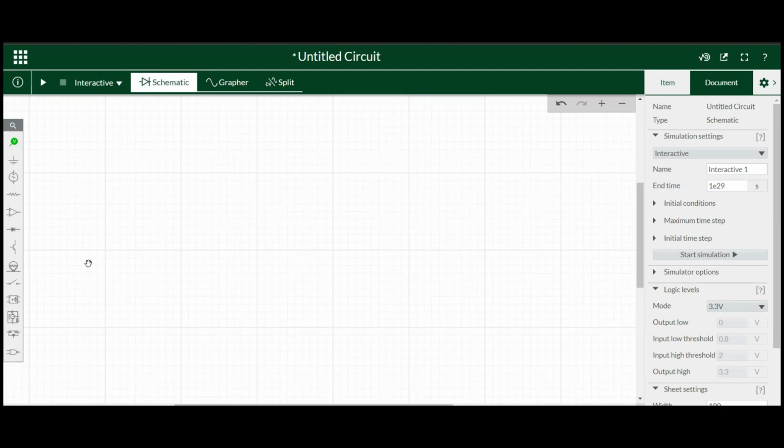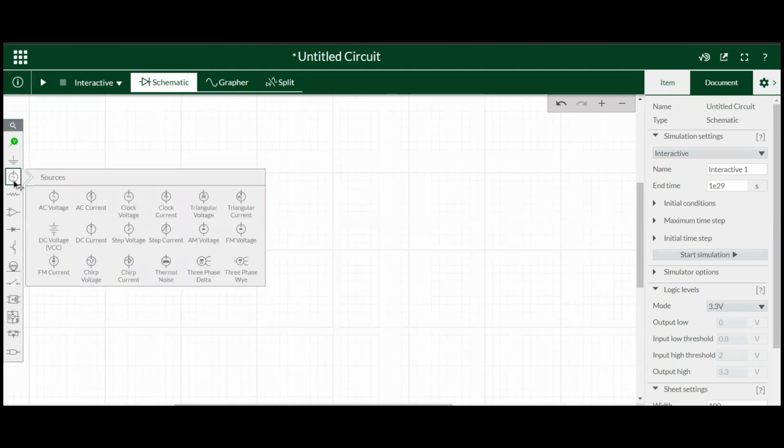Hello class, let's build a circuit to study Kirchoff's voltage law. Let's add the DC voltage source first.